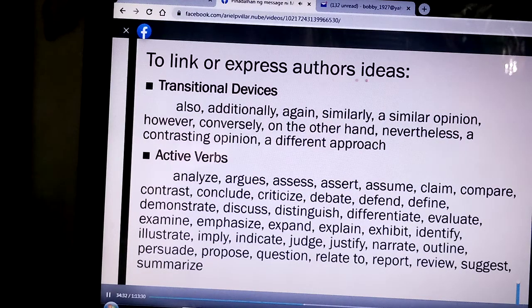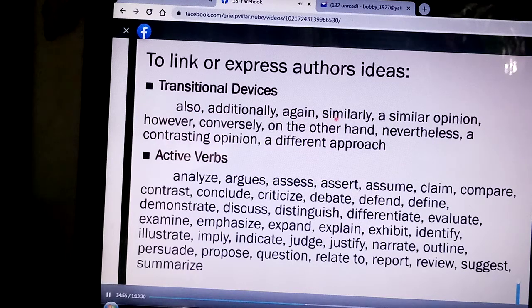And of course, a part of your writing, syempre, you should know how to use transitional devices. And transitional devices provide the connection of your ideas per paragraph. Okay? Pag sinabing transitional devices, how is your previous paragraph connected to your second paragraph? Nag-add ka lang ba: also, additionally, again?